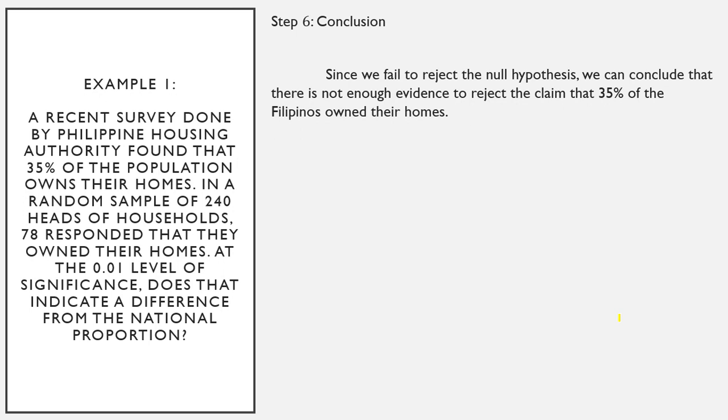Sir, why is that the structure of your conclusion? Because the question at the end is, does that indicate a difference from the national proportion? Is there a difference? So of course we need to answer this question. We're not just basing on the claim we made, we are basing on the question in the word problem. That's why that is the structure of my conclusion.